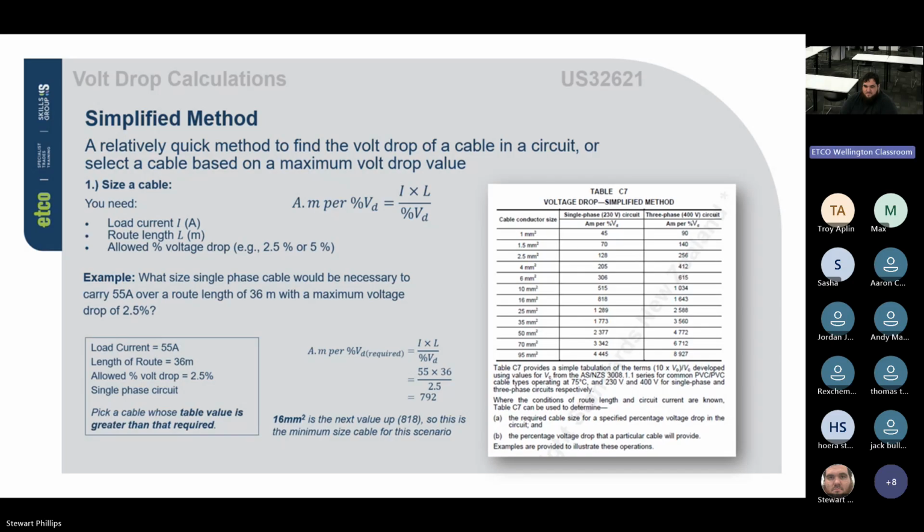The generators can't be so close to the film, so they need to be quite a distance away, so you need to use the appropriate size cable from the generator. The street lights run on quite massive cables underground, and then once they come up into the actual light pole, they're crimped and fitted off, and there's only a 1.5 or 2.5 that actually runs up the pole to the street light.